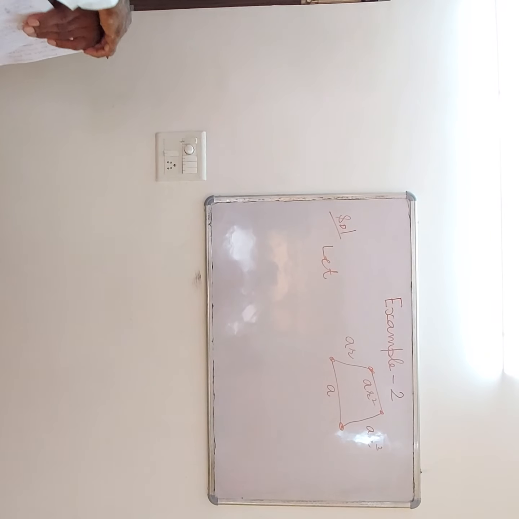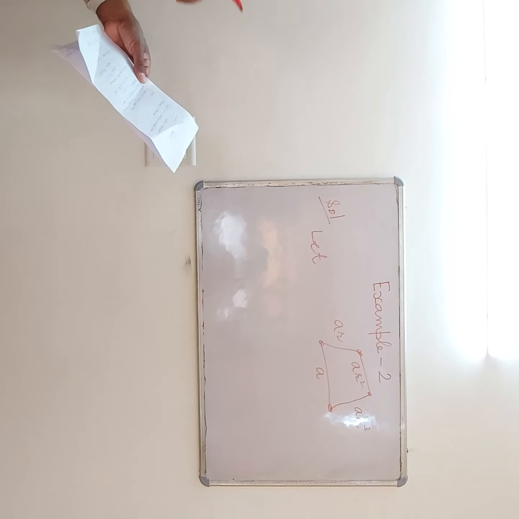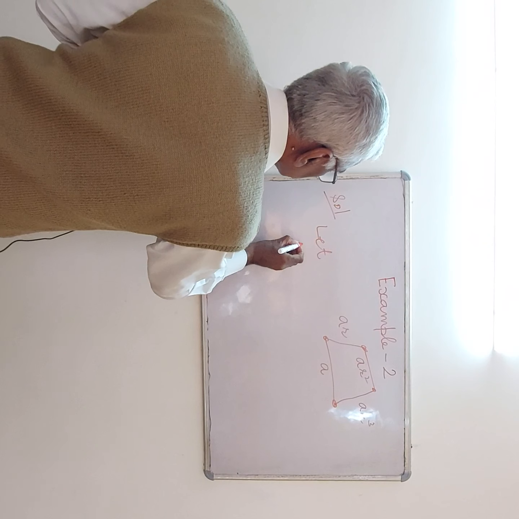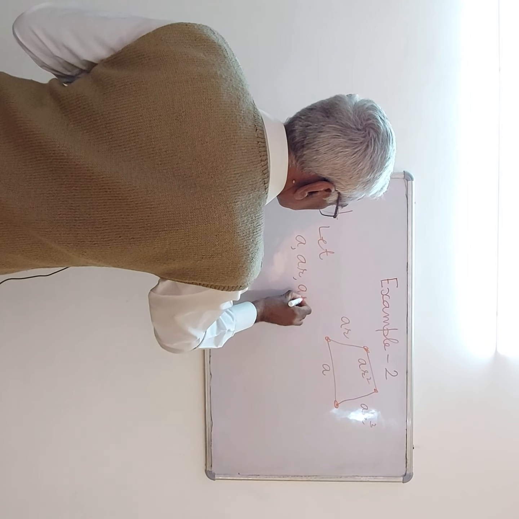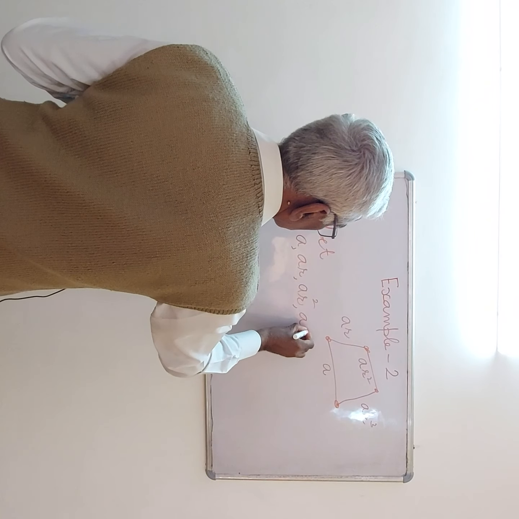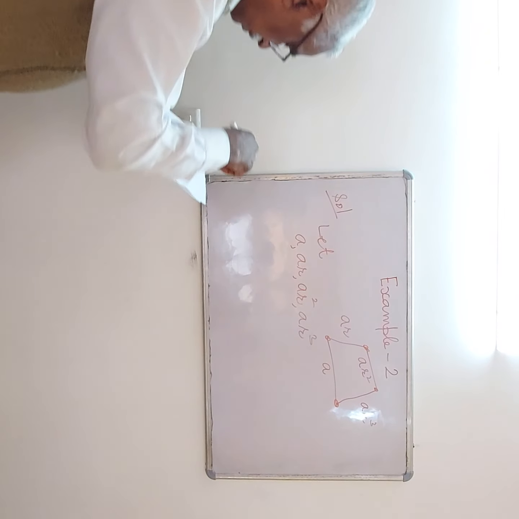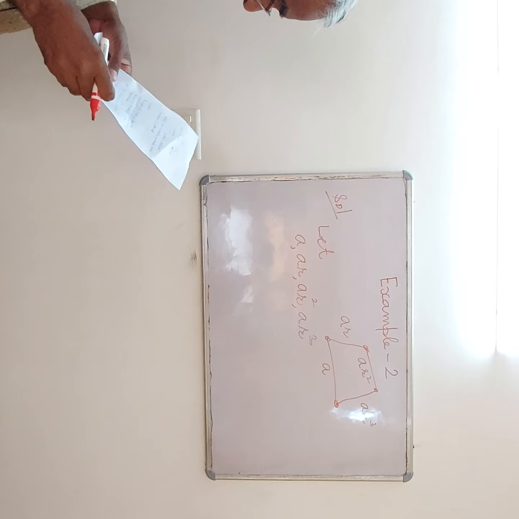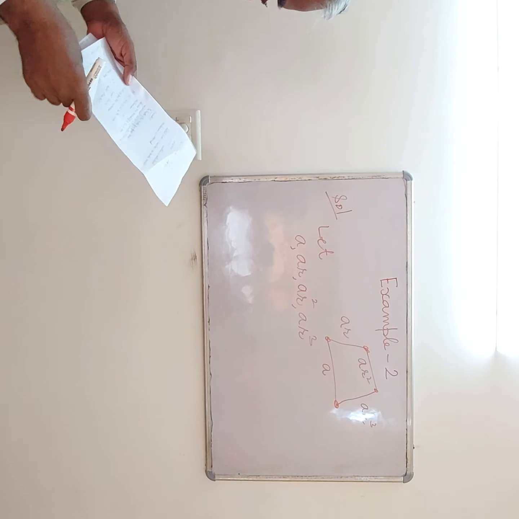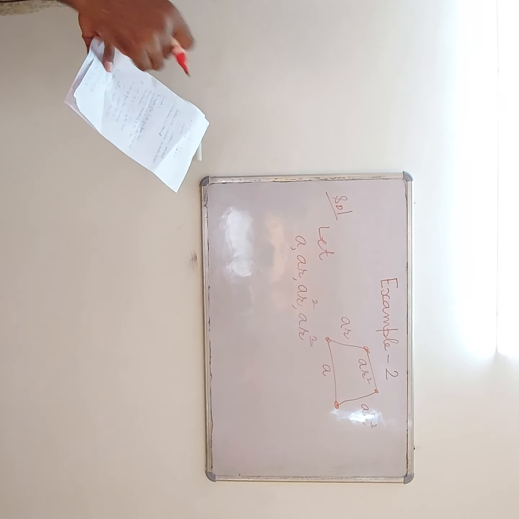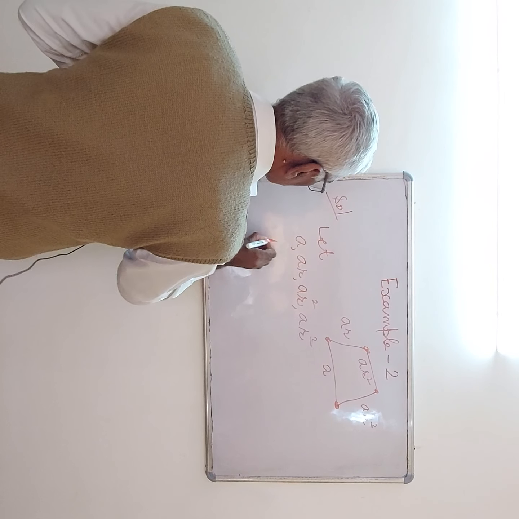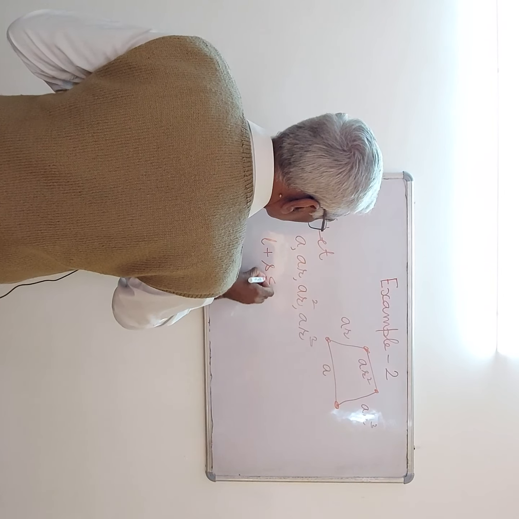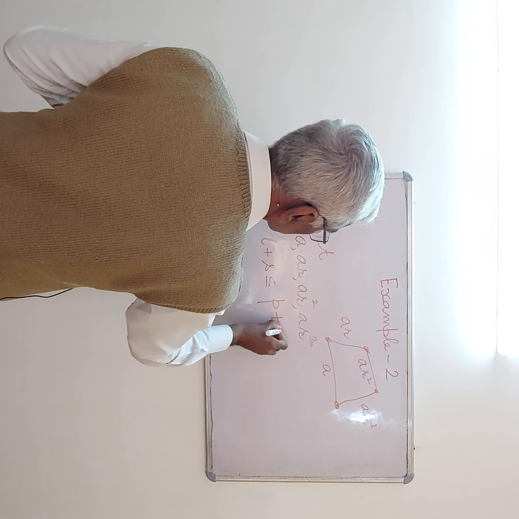The arms are in geometric progression. According to Grashof criteria, L plus S should be equal to or less than P plus Q.